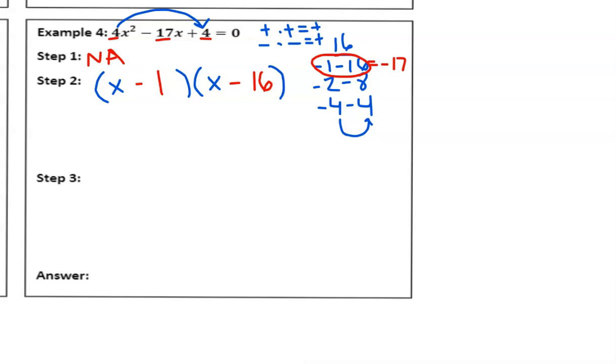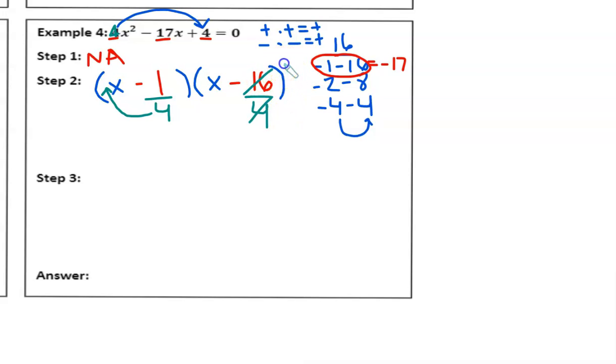Okay, I'm going to need to divide by what? The front number, which is, in this case, a 4. So I'm going to divide by 4. Look and reduce. 1 over 4 does not reduce, so this 4 is going to have to be pushed back up. 16 over 4 does reduce, though. They can both divide by 4.